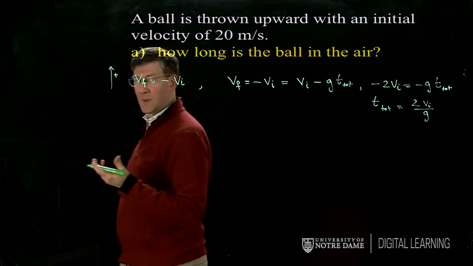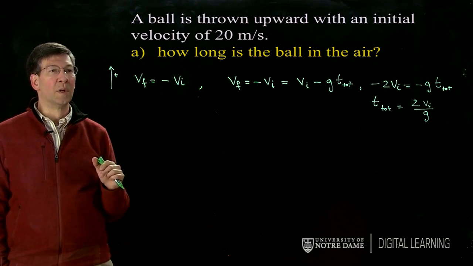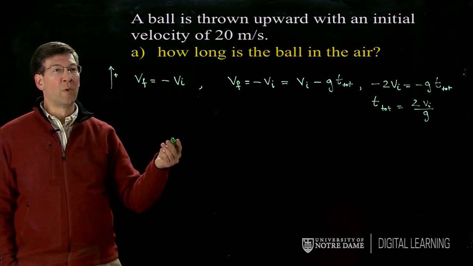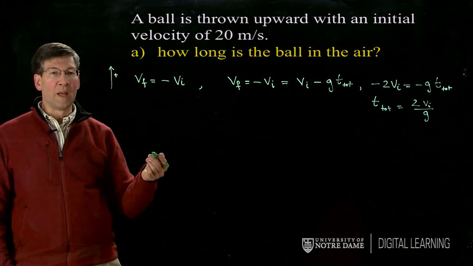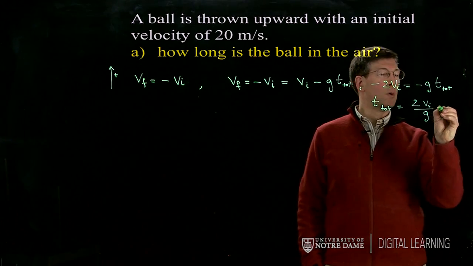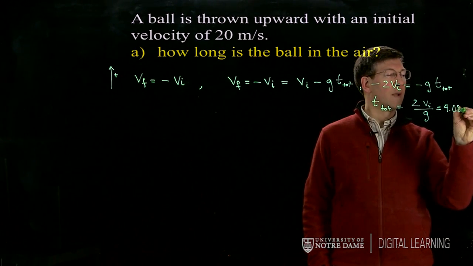This is an expression that we also derived previously when we were working through similar equations. If I plug in 20 meters per second for the initial speed and 9.8 for g, then we get that the total time is equal to 4.08 seconds.